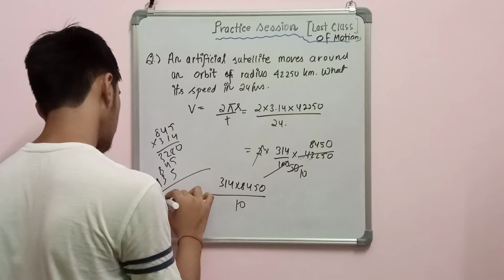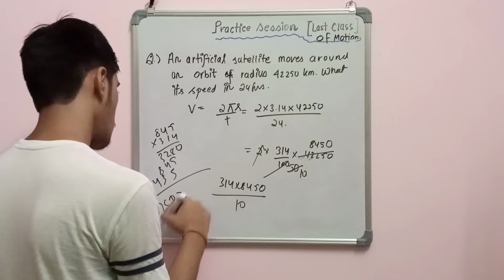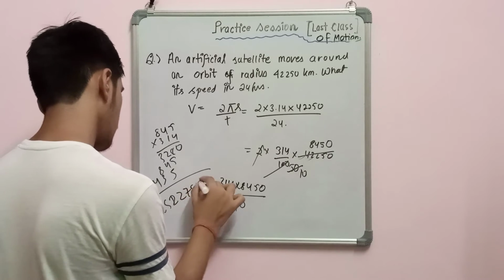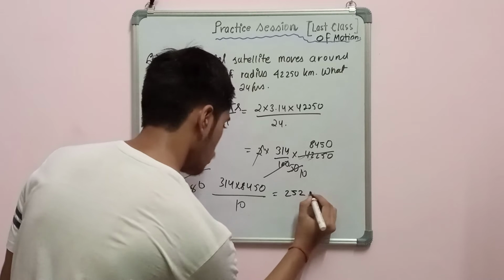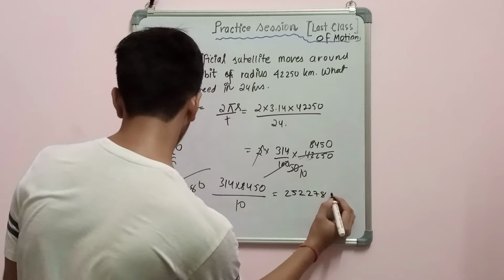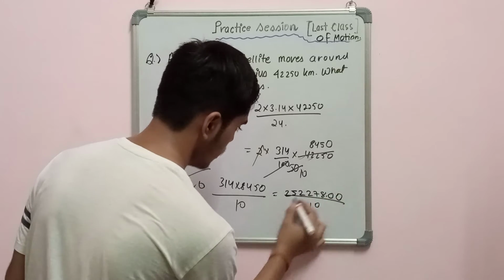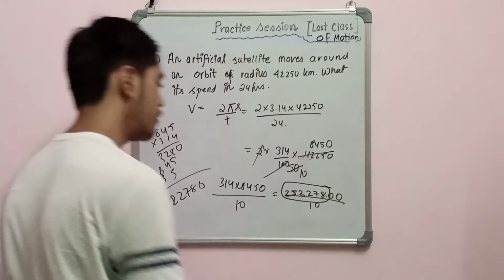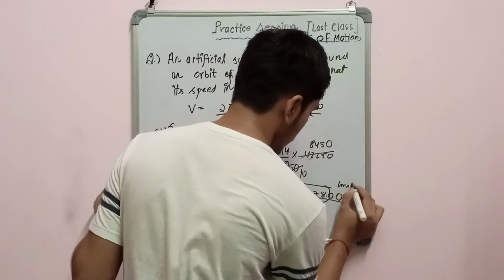So this will be 252278 and 00 divided by 10. So this will be your answer, 252278. That unit will be kilometer per hour.